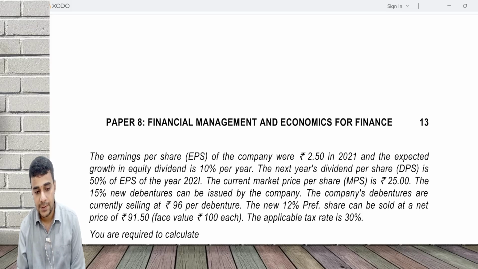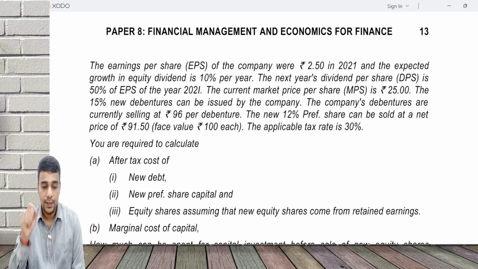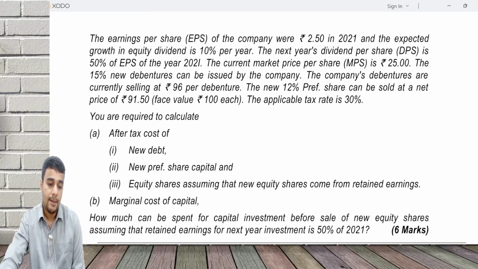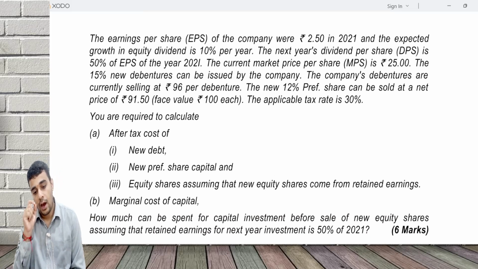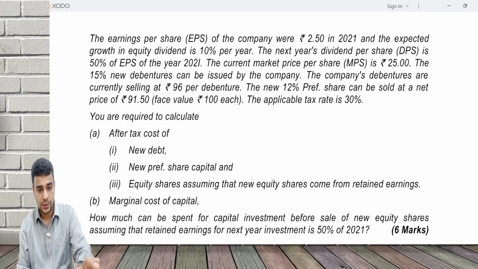Current market price is 25. 15% debentures can be issued, currently selling at 96. 12% preference shares can be sold. Applicable tax rate is 30%. You are required to calculate the after tax cost of new debt, new preference and equity share capital, the marginal cost of capital, and how much can be spent for capital investment before sale of new equity share, assuming that retained earnings is 50% of 2021. Go through this question.